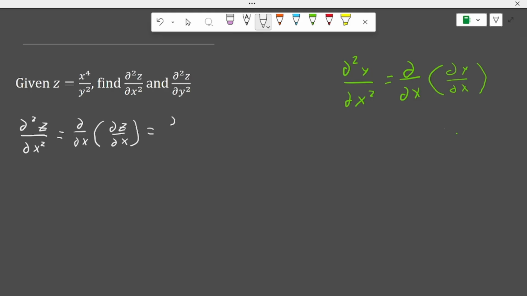That's going to be equal to the derivative with respect to x of the derivative with respect to x of x to the fourth, and we'll write out our constant in blue. So y squared would be the constant that we can pull out.